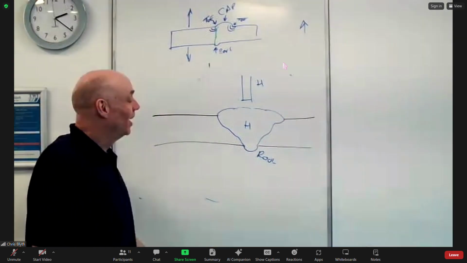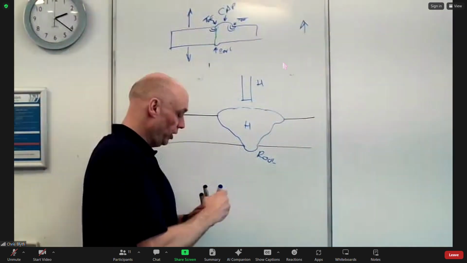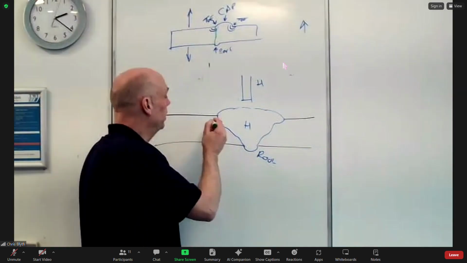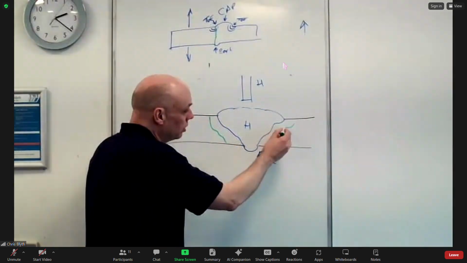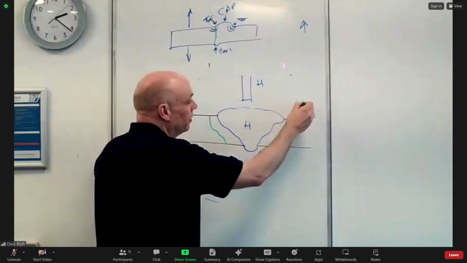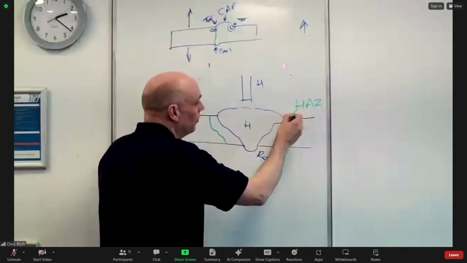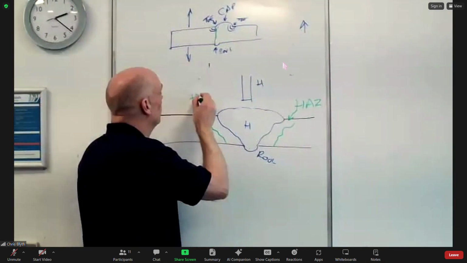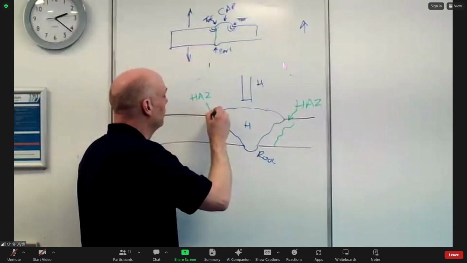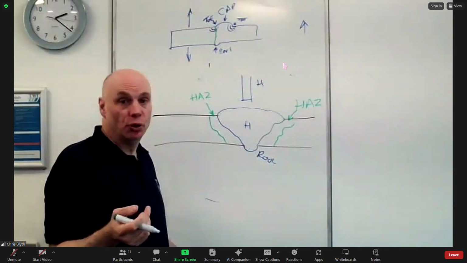Okay. And then just adjacent to the fusion boundary is an area called the HAZ. Okay. So HAZ is the heat affected zone.